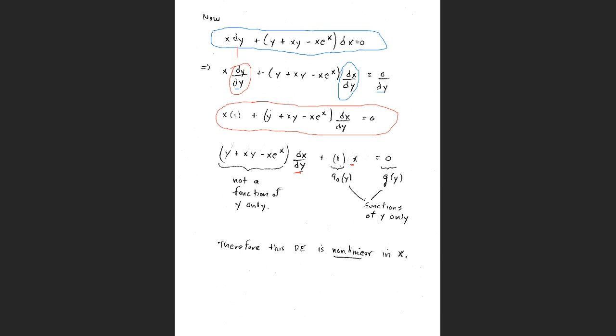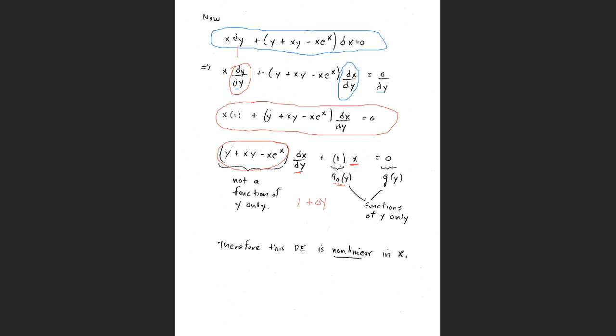It turns out that in front of dx/dy, the coefficient function is not a function of y only. In front of x you have the constant 1, but a constant is a function, and you can say the number 1 is a function of the variable y, because 1 equals 1 plus 0 times y.